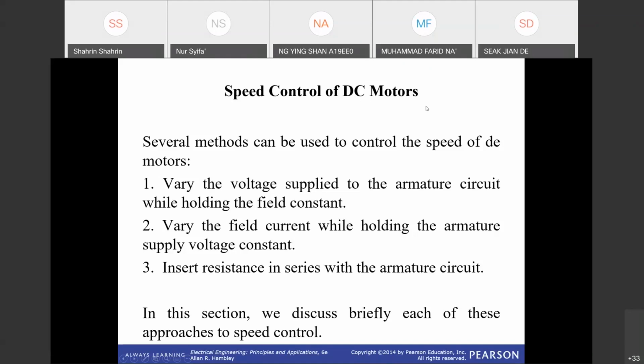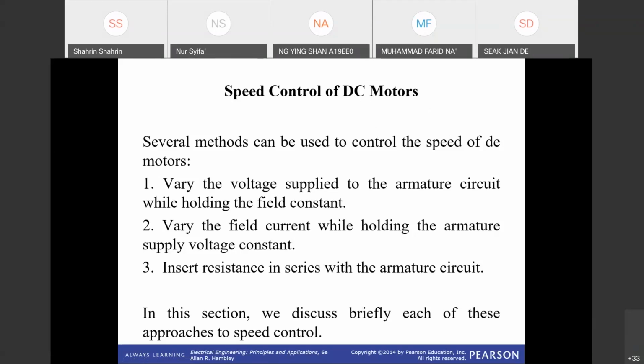But we are using power electronics circuits to control the speed of the DC motor. In that course, we will go deeper on how we can use that circuit to control the speed.